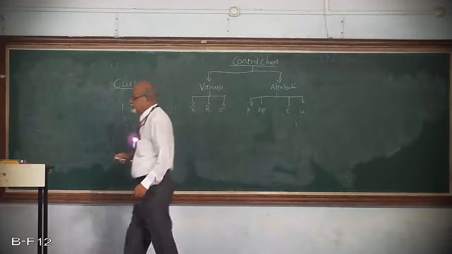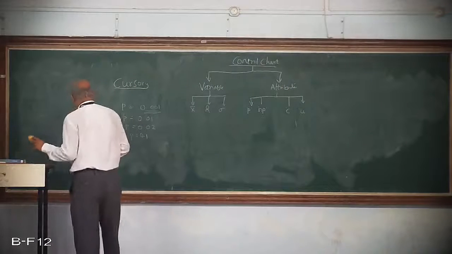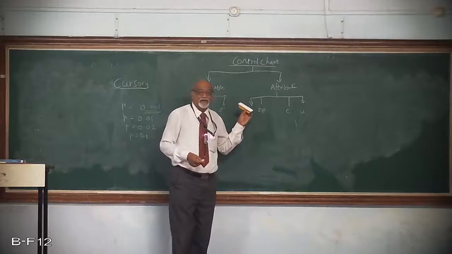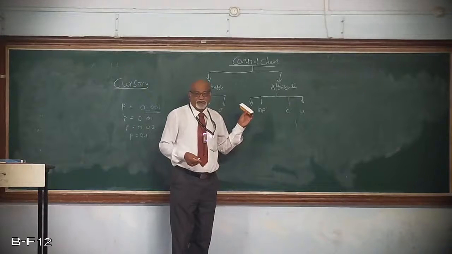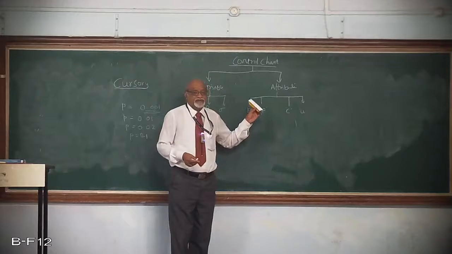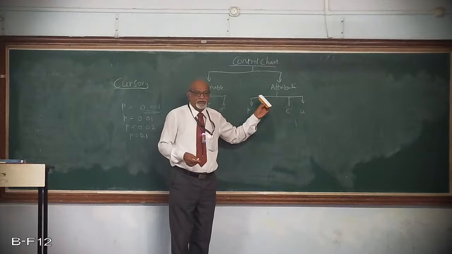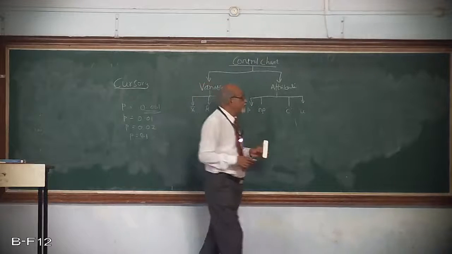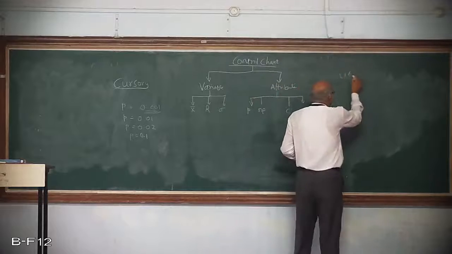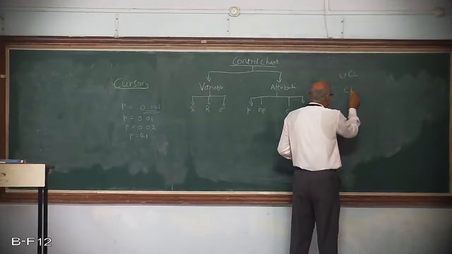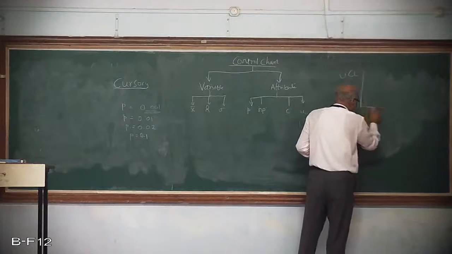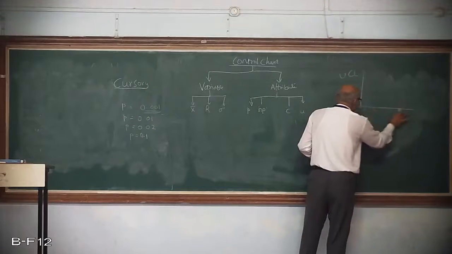And again, the interpretation of the control charts for attributes is the same as that of control charts for variable. Here, the control charts for attributes will also have 3 things: upper control limit, central line, and lower control limit. The same thing, same concept, no difference at all.